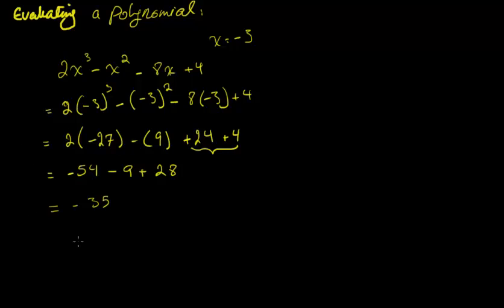For instance, 5x² plus 2x cannot be combined. But if we have 5x² plus 2x², then we can combine these two terms and have 7x².